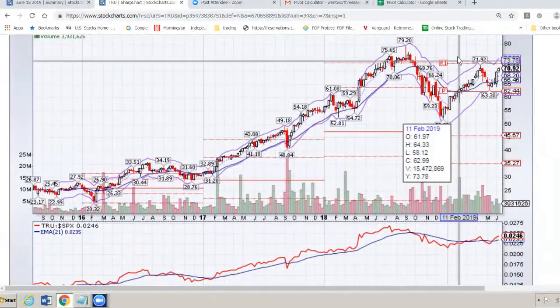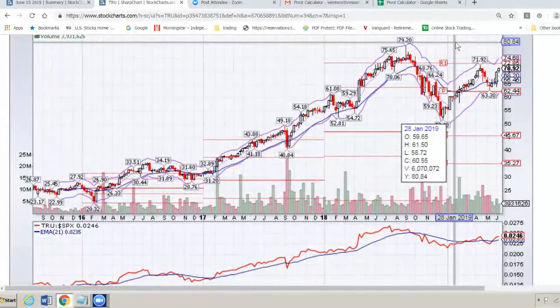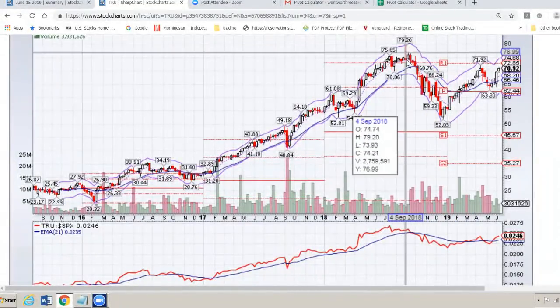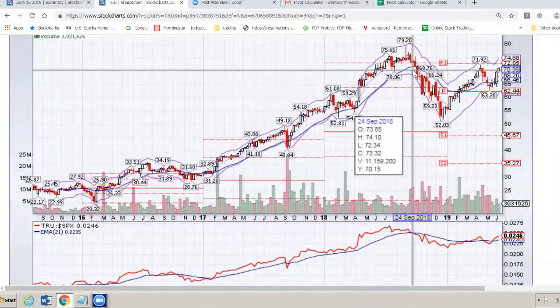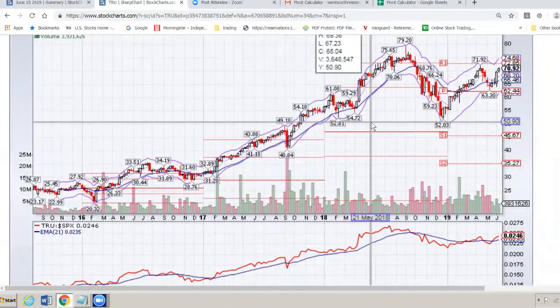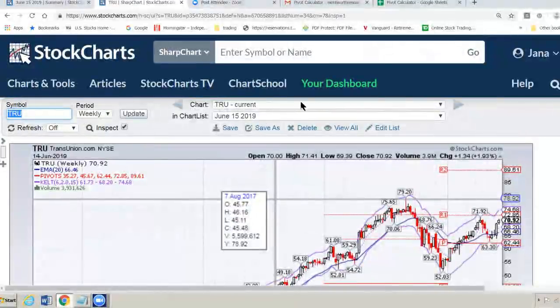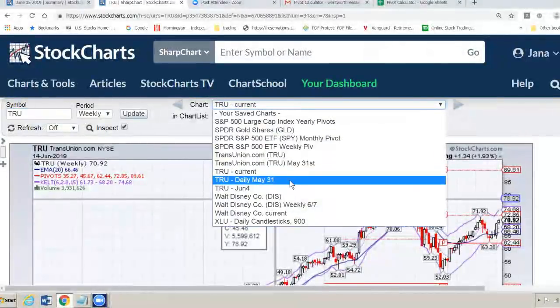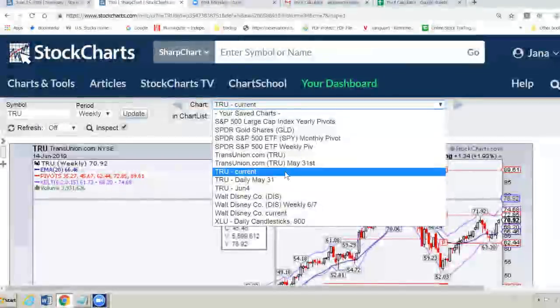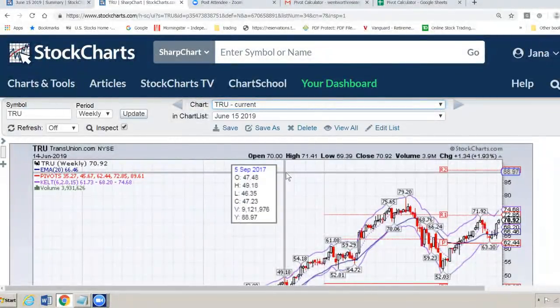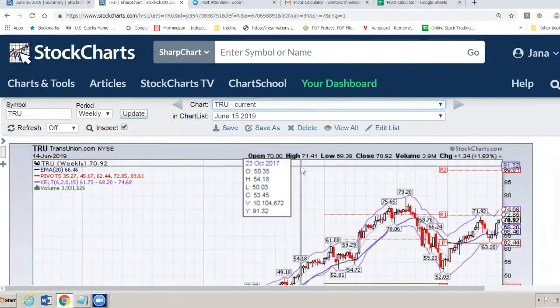So it has the potential to get back to that high from the summer of 2018 at 79.20. That's that old high. So once I close out that other position, of course, I will raise the stop so that, worst case scenario, if the stock collapses, I'll guarantee myself a profit.